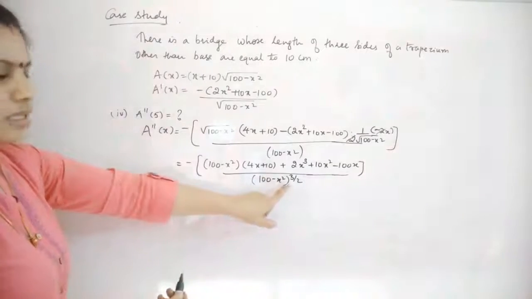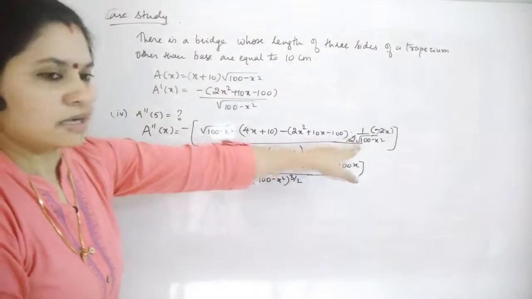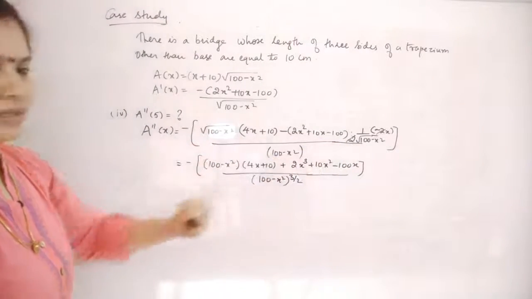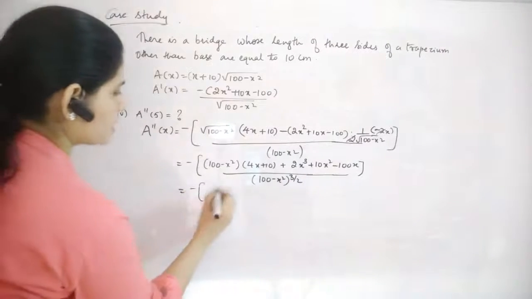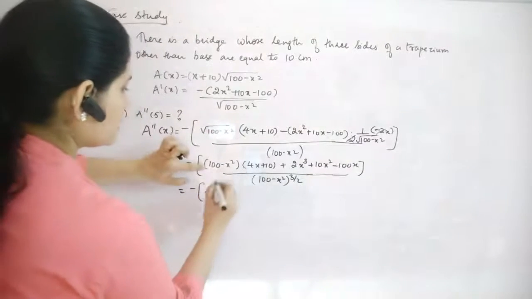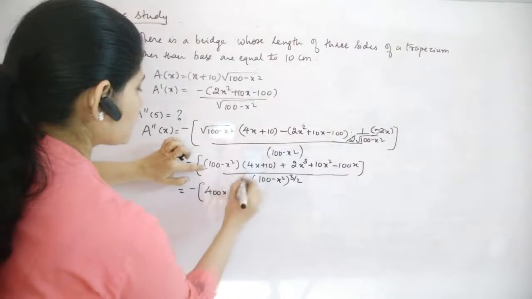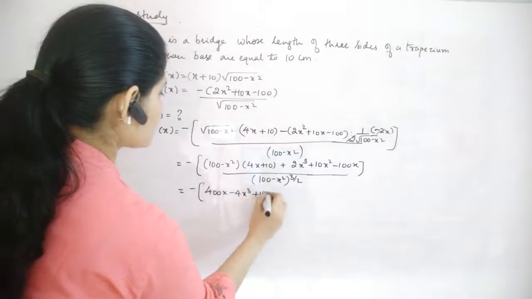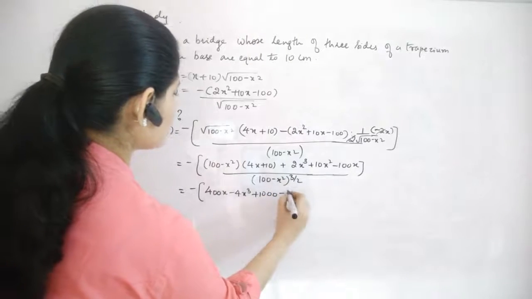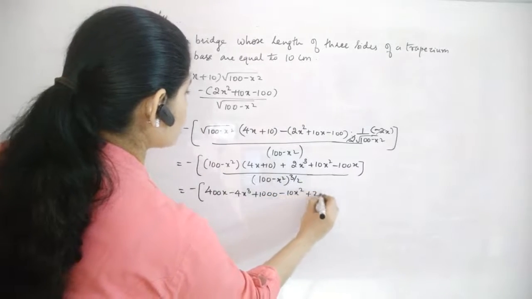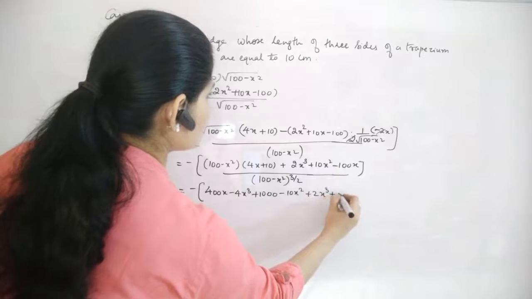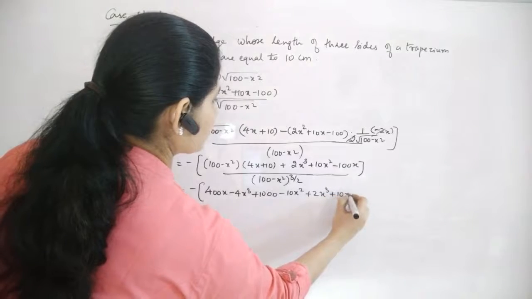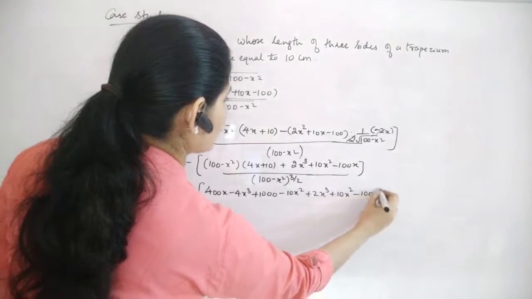It is understood now: power 1 and power 1/2 together give you power 3/2. Now this again we are multiplying. This will give you 400x − 4x³ + 1000 − 10x² + 2x³ + 10x² − 100x.